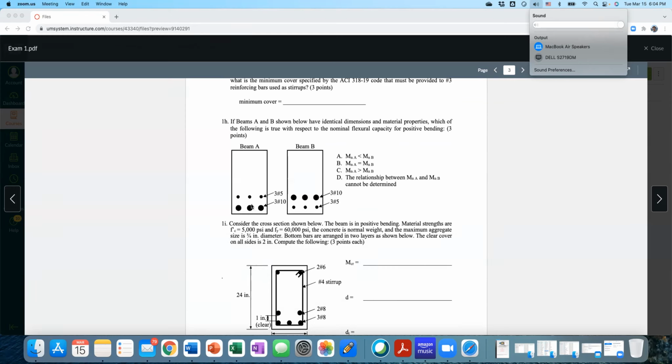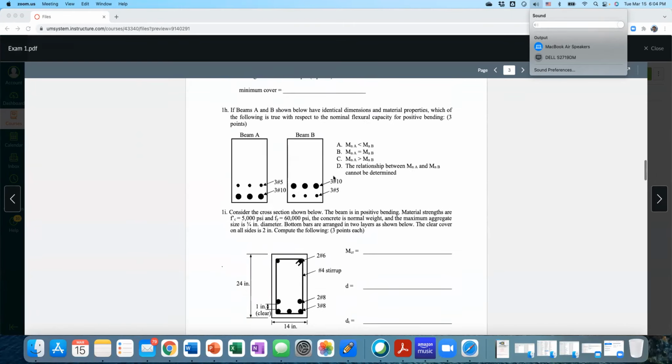So you think about that. If the centroid of the group of the bars is lower, meaning it has a higher d_s, right? And you remember the equation for moment, Mn equal to As fy multiplied by a bracket, inside d_s minus a/2. So a deeper d beam usually indicates a higher moment capacity, right? So you know which one to pick.